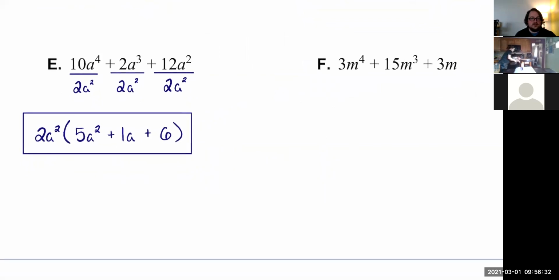So there's the last one here on this page. Give you guys a chance to jot it down. So the last one is a trinomial as well.